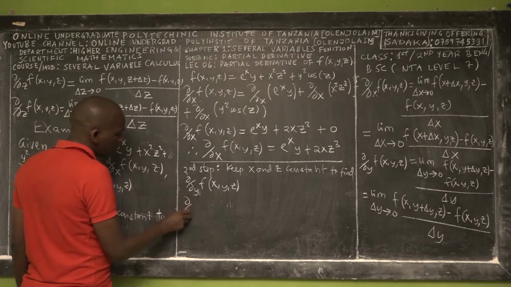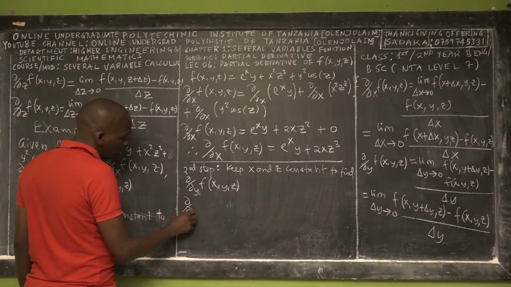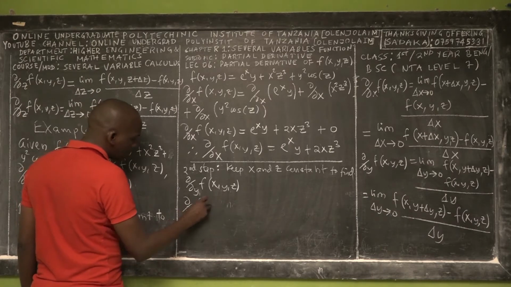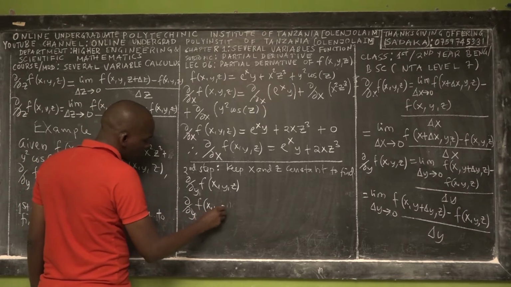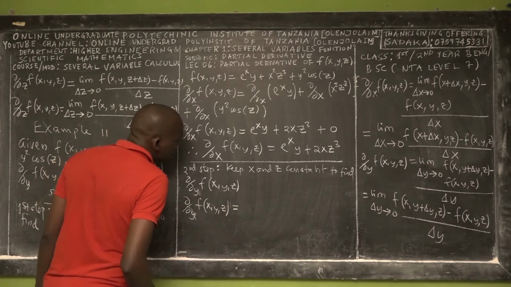So to find this one, the partial derivative of the given function with respect to y, f of x, y, z, this is equal to what?